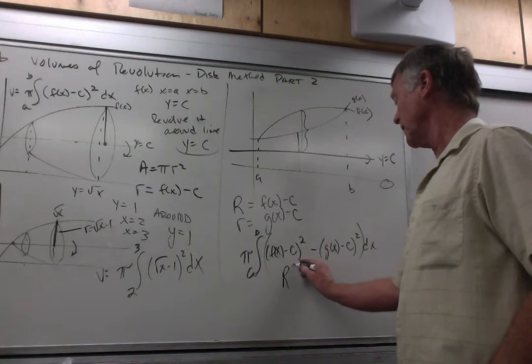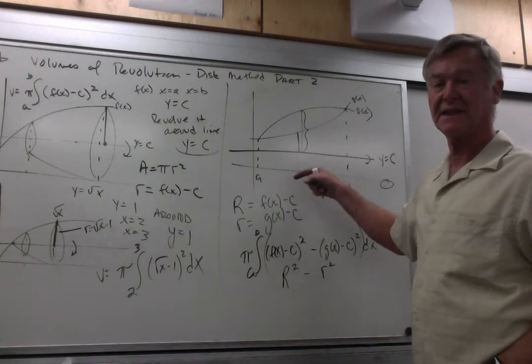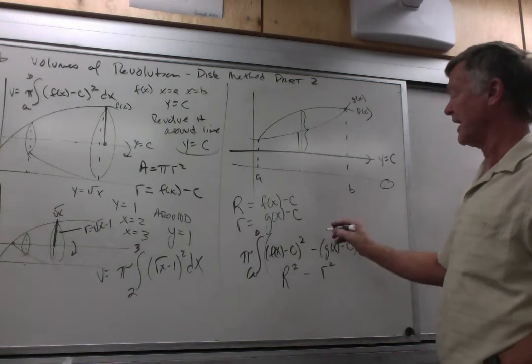Basically it is big R squared minus little r squared. If you can figure out what the radius is from one place to the other, it'll be this each time.